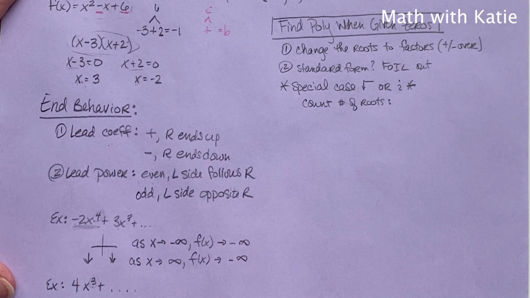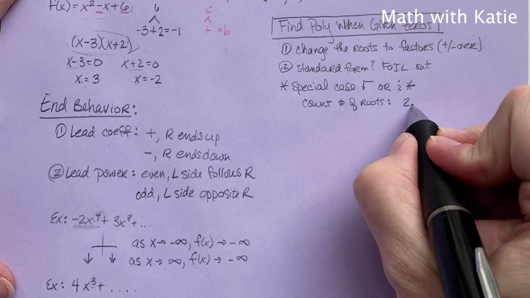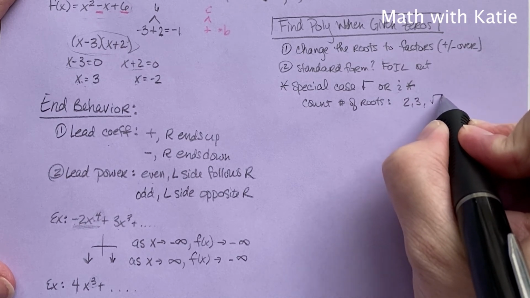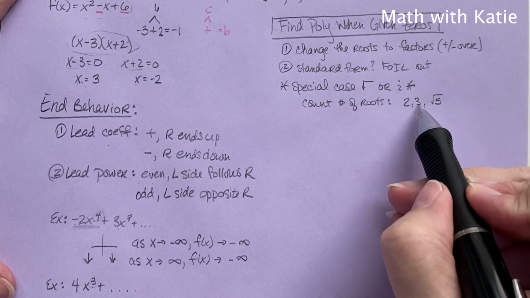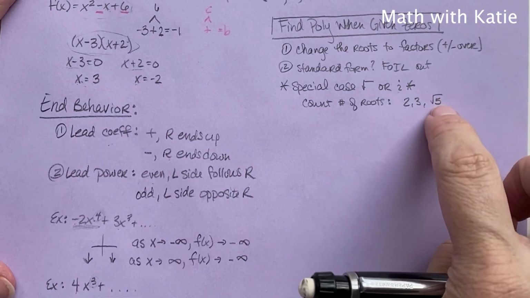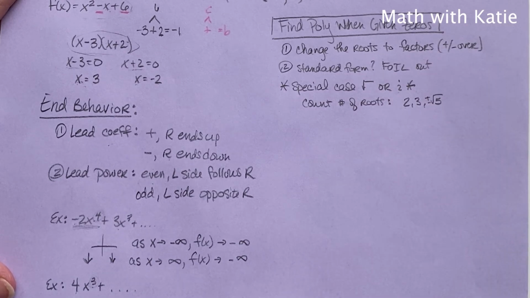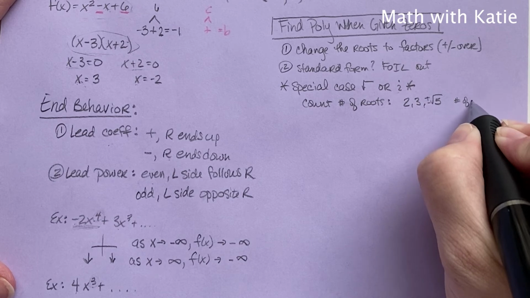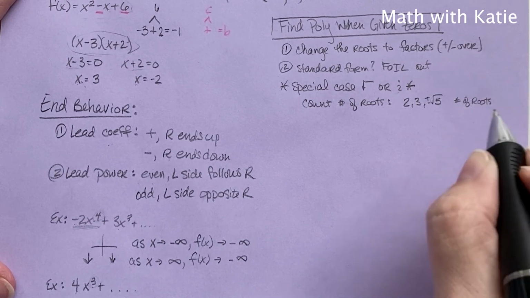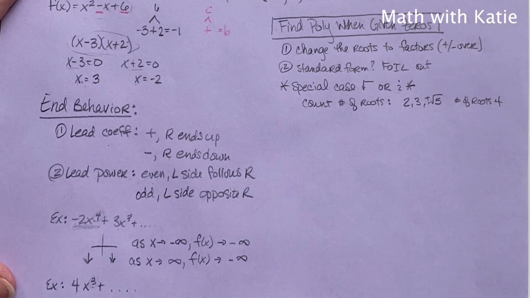So whenever you square root both sides, you get a positive and a negative. So let's say the question is you have roots at 2, 3, and root 5, okay? Technically looking at it, you only have 3, but remember, you have a positive and a negative root 5. So your total number of roots is actually 1, 2, 3, and 4, okay?